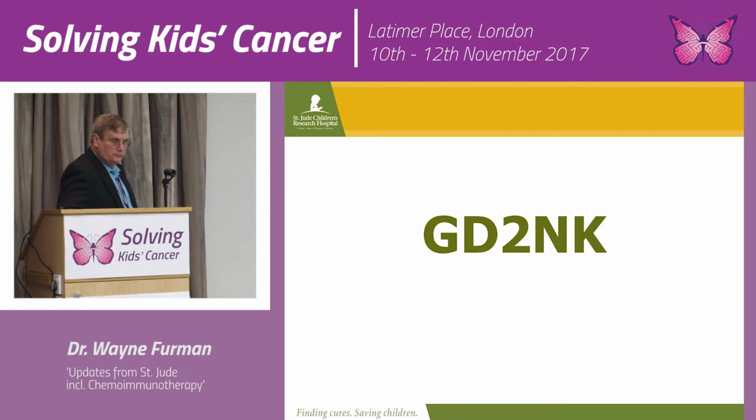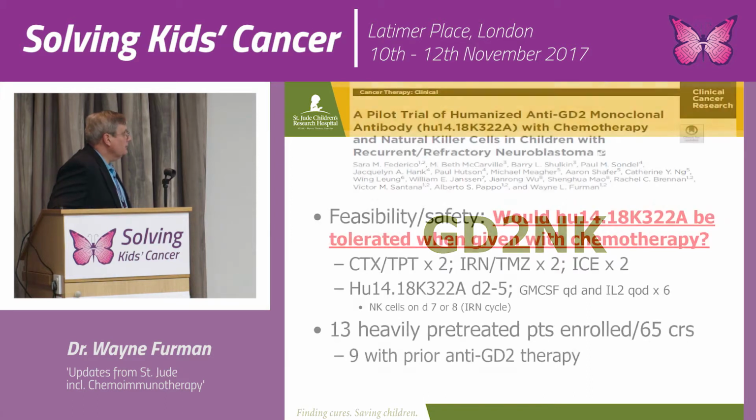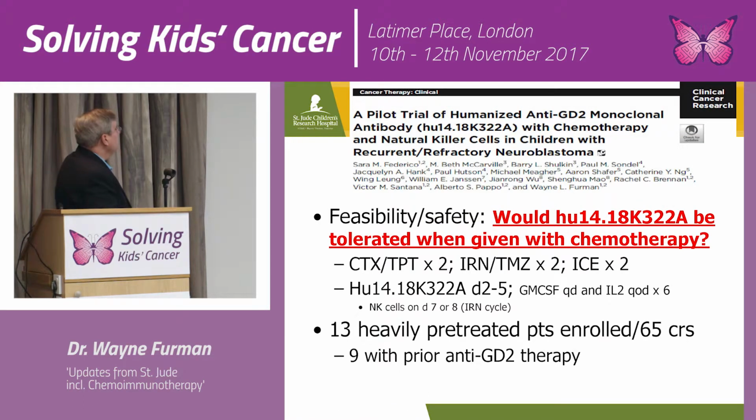So we had to prove to ourselves and to our institutional review board that this was safe. And so we designed a very small pilot study to show that we could give this antibody with chemotherapy. And I mean, the cyclophosphamide and topotecan is a 5-day infusion, or 5 days of chemotherapy, the way the Children's Oncology Group gives it.